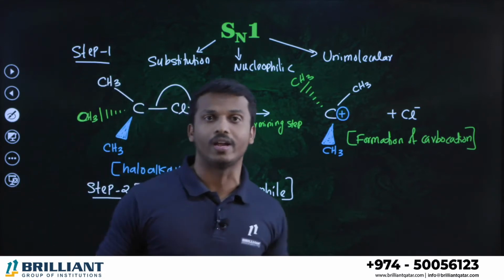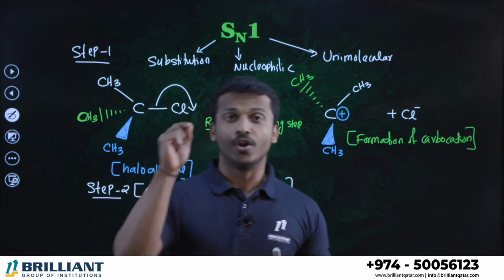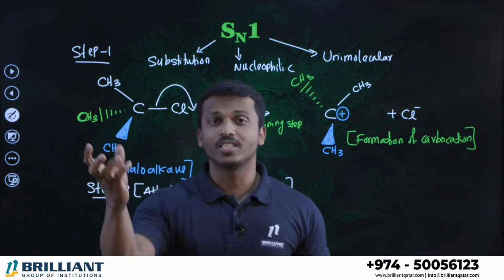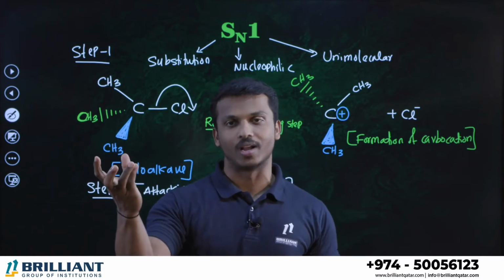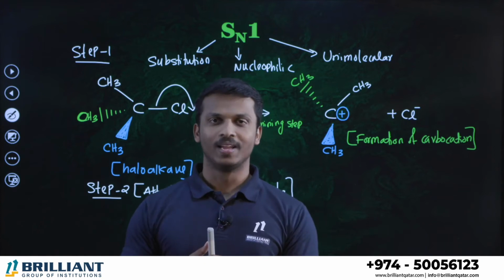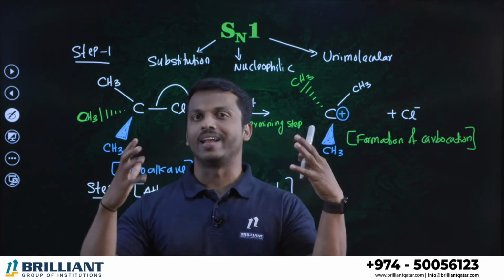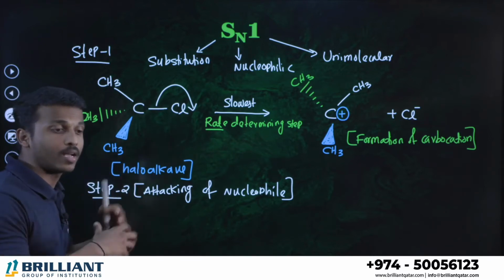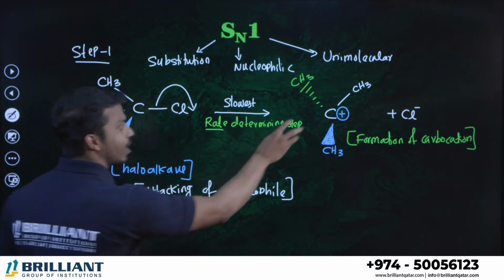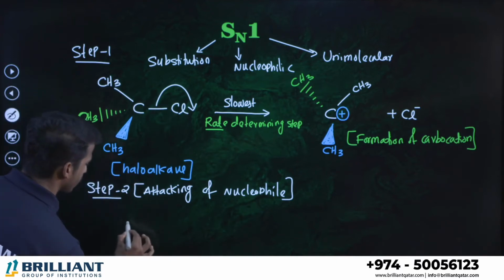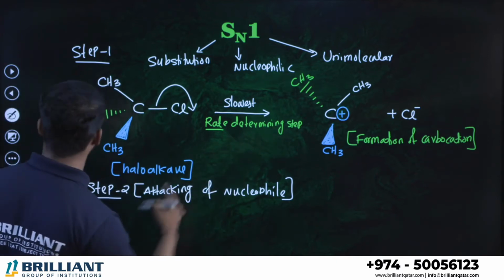What is a nucleophile, dear student? We already discussed: nucleophile means nucleus loving compound. What is the charge of a nucleus? Positive charge. So what is the charge of a nucleophile? Mostly negative, so the nucleophile comes with a negative charge. Where will it try to attack? At the positive charge, which is the carbocation. Let me draw the same compound here.